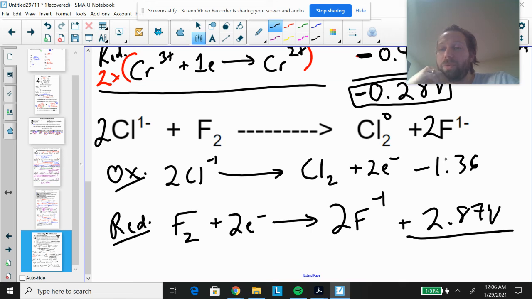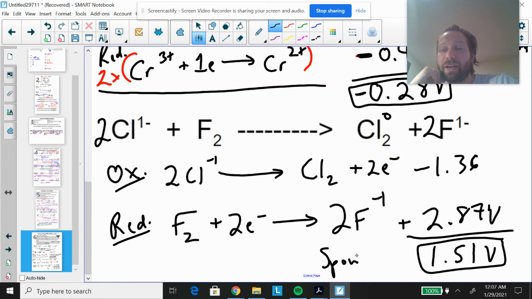And negative 1.36 plus 2.87 yields 1.51. That's volts. And what does this tell us? This is a spontaneous reaction. Okay, so it does not need a voltage for this reaction to occur.